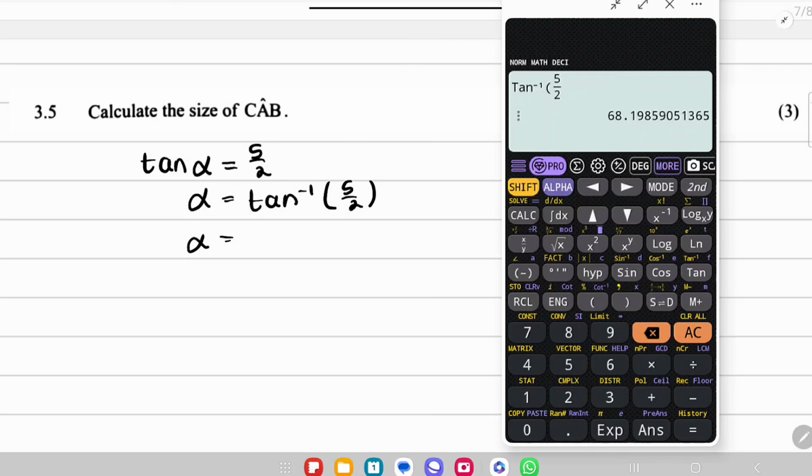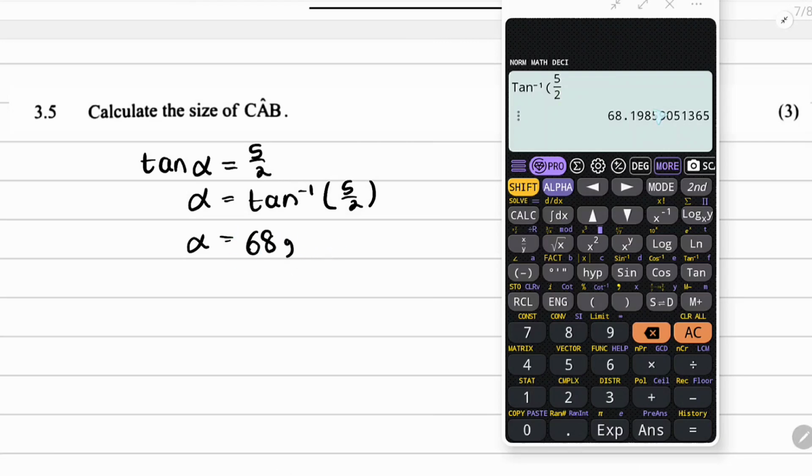In this case, it's fine to round off to 2 decimal places because the other angle you're working with is 135 degrees, which is already a whole number. So you don't have to really worry about decimals here. So 68 point, and then that rounds up to a 1, and then that rounds up to a 2. So in 2 decimal form, that is 68.20 degrees.